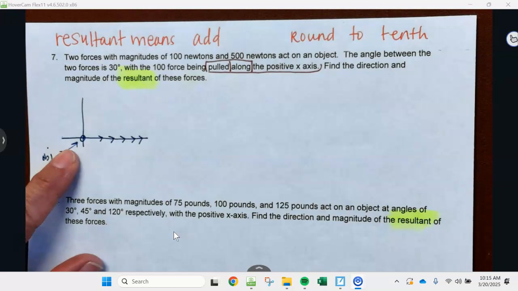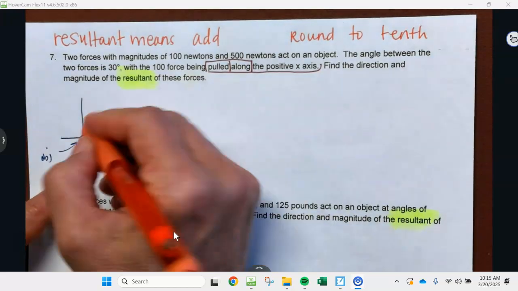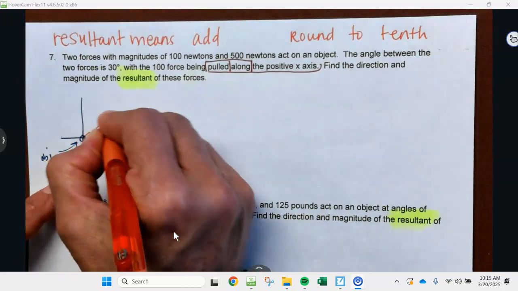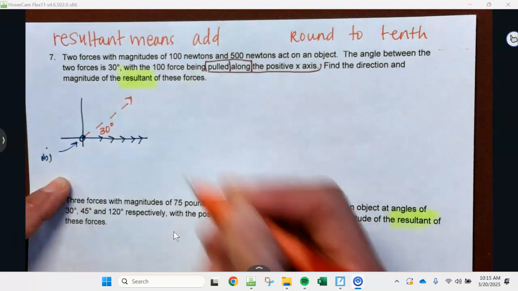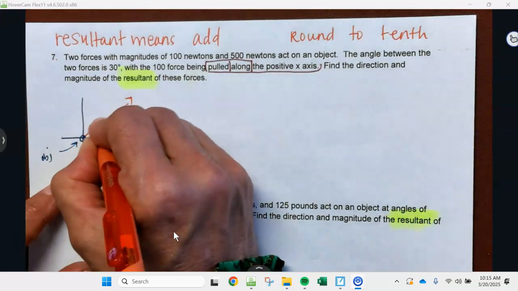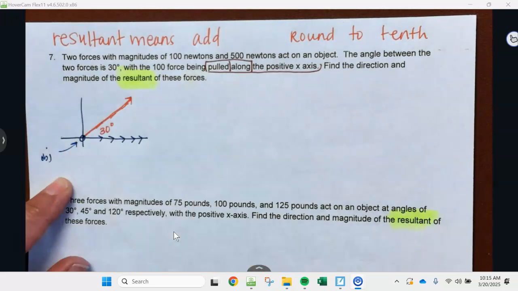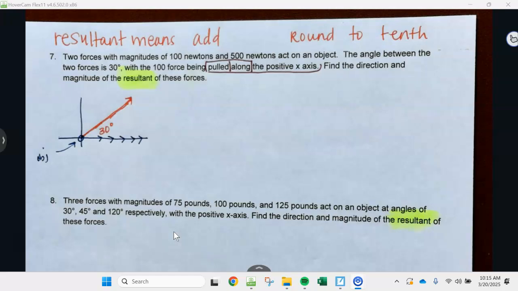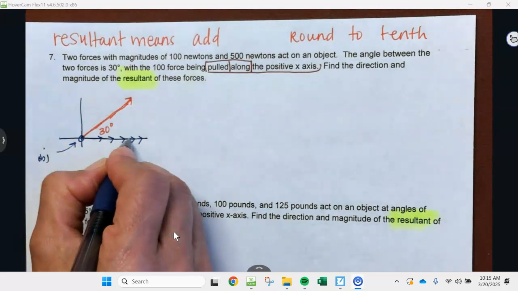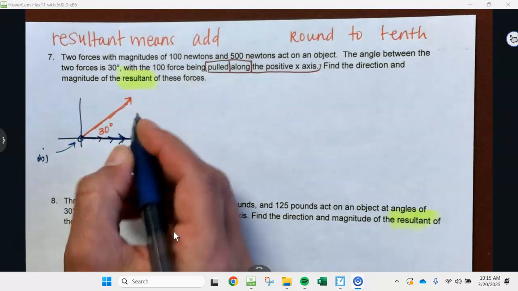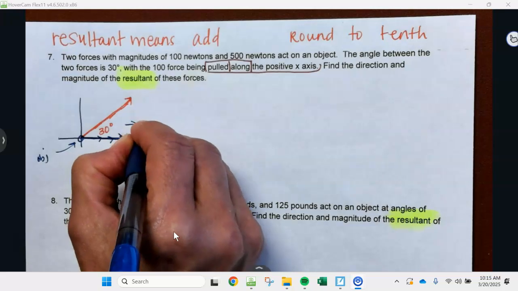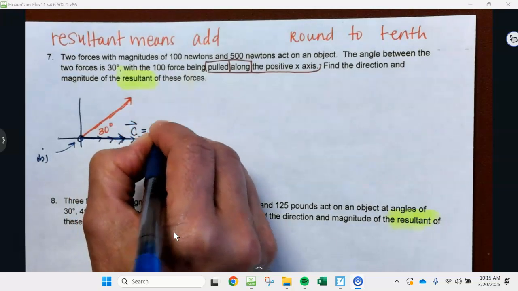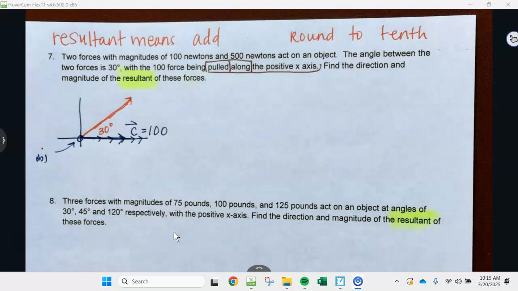Then we have another force, but this force is going at a diagonal and it's creating a 30-degree angle. So, for the sake of us all having consistent notes, this vector down here that's stuck on the x-axis, let's call that vector C. And remember, vector C has a force of 100 newtons.